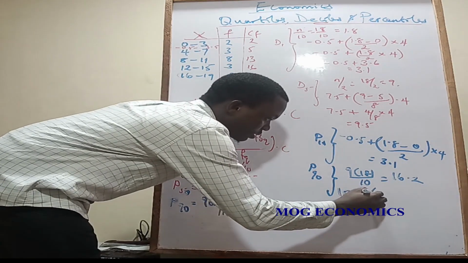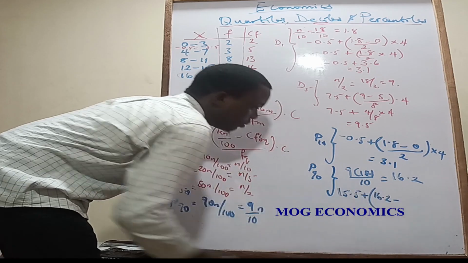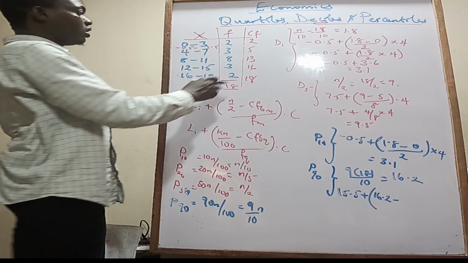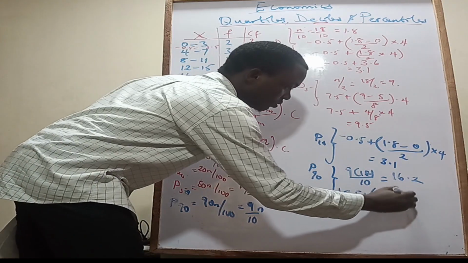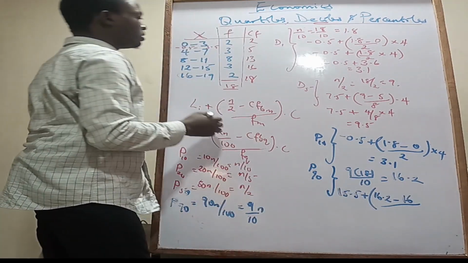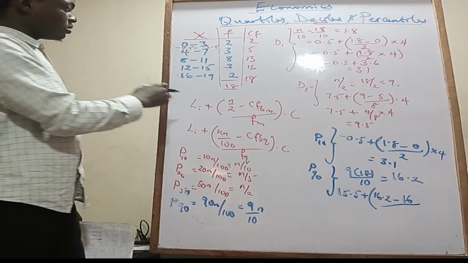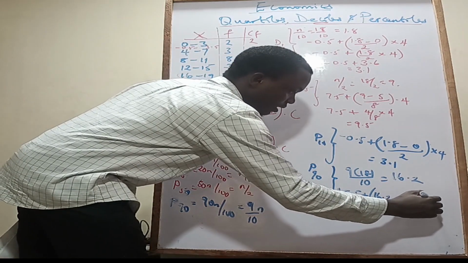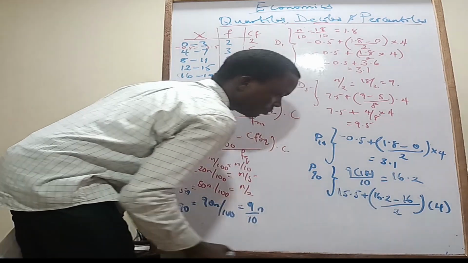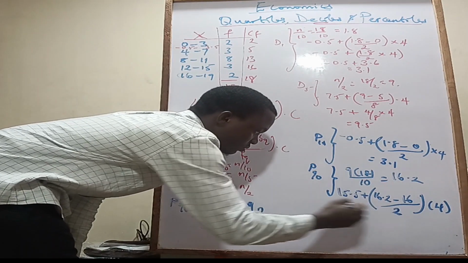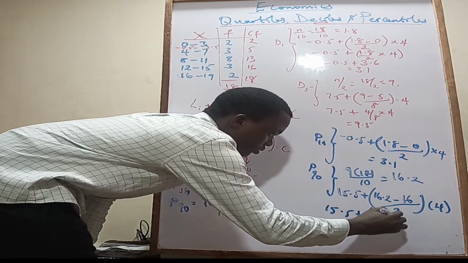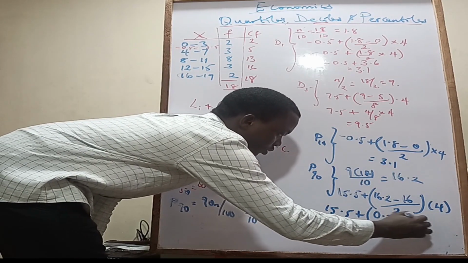So 15.5 plus 16.2 minus the cumulative frequency before the 90th percentile, which is 16, then divided by the frequency of the percentile class, which is 2, and multiplied by 4. So I've got 15.5 plus 0.2 over 2 times 4.